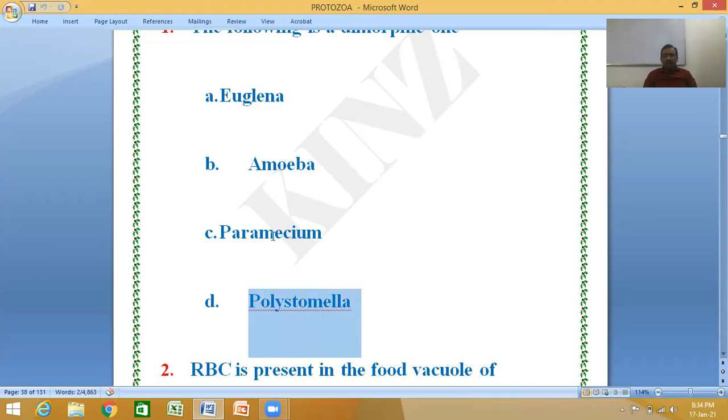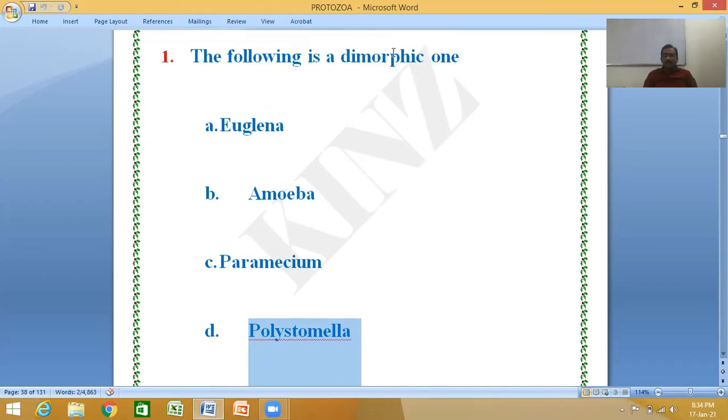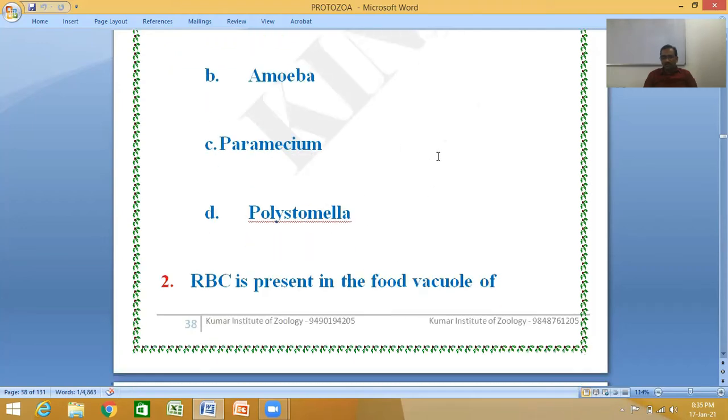Paramecium is not dimorphic; it is dikaryotic, also called heterokaryotic, meaning two different types of nucleus are present. But in Polystomella, two different forms. The question is about morphological forms, so Polystomella, D, is the answer.